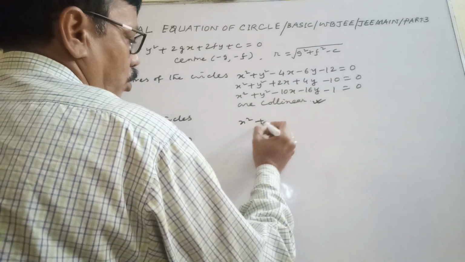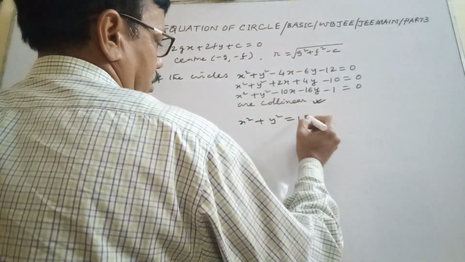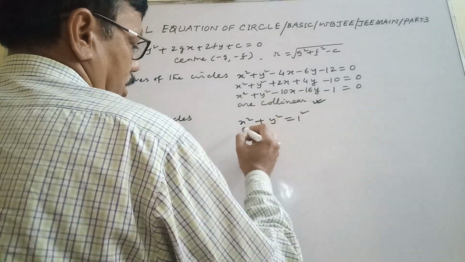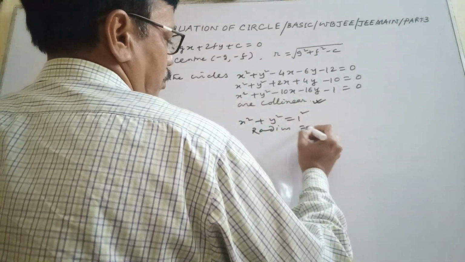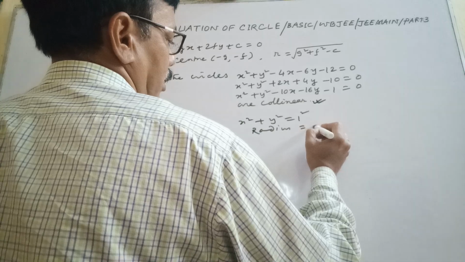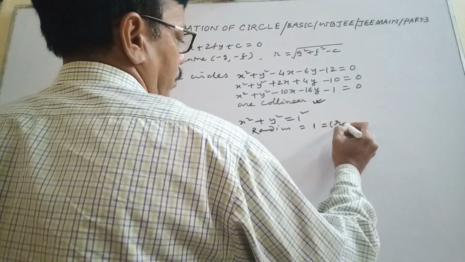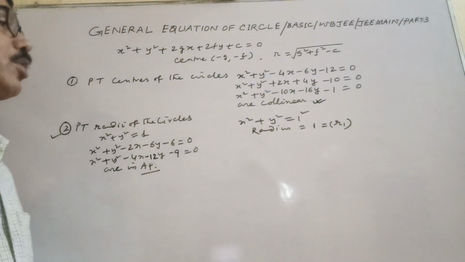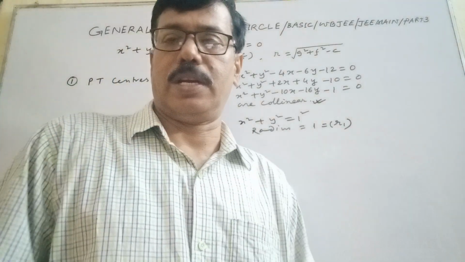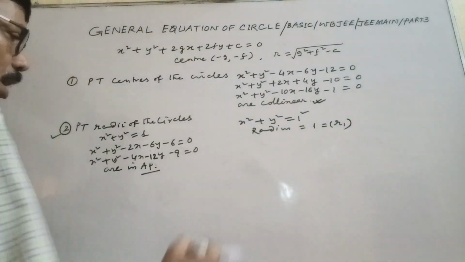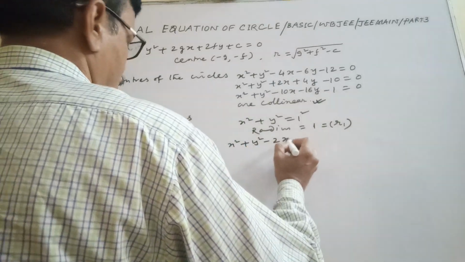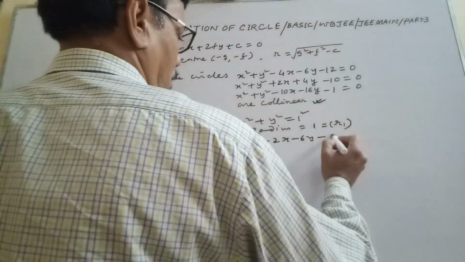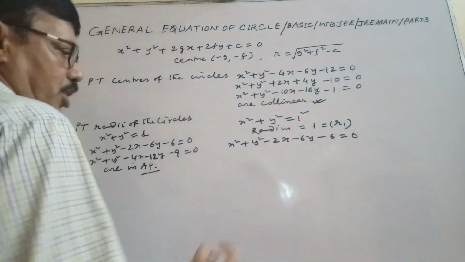x square plus y square equals to 1. So, 1 square. So, what is radius? This is given in standard form. So, R1 equals to 1. Center 0, 0, radius 1. Now, the equation of the second circle: x square plus y square minus 2x minus 6y minus 6 equals to 0.